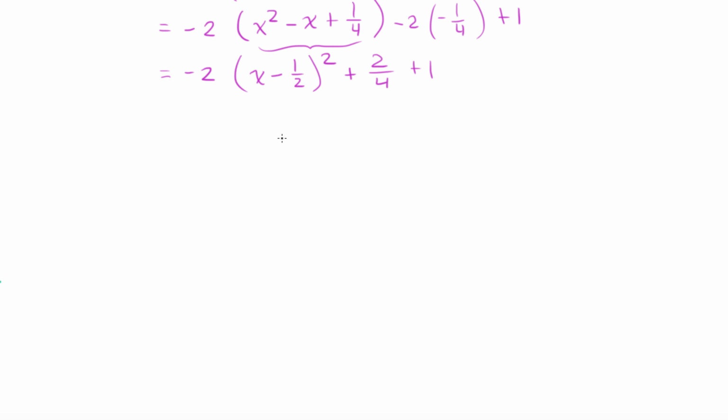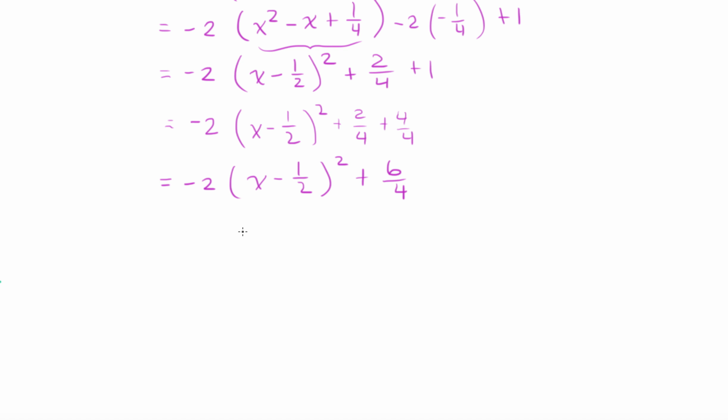So you have negative 2 x minus 1/2 squared. Now, common denominators, 2/4 plus 4/4. That gives you negative 2 x minus 1/2 squared plus 6/4.